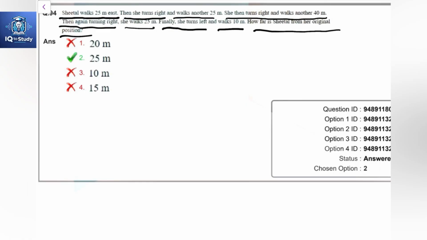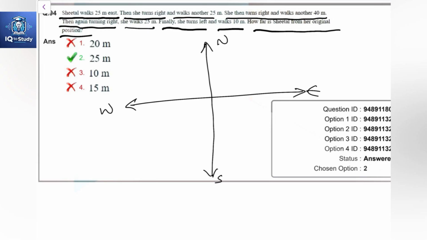Let's draw the directions first. This is north, south, west and east. She walks 25 meters east. Let it be 25. And then she turns right and walks another 25 meters.